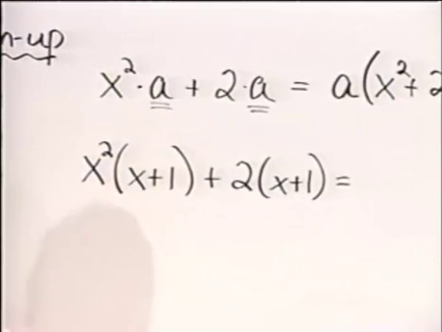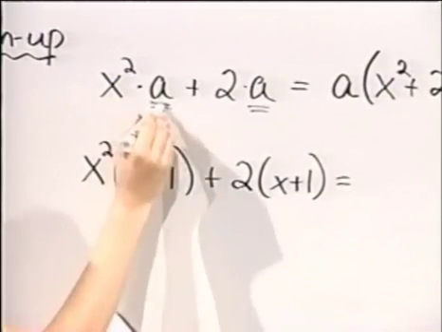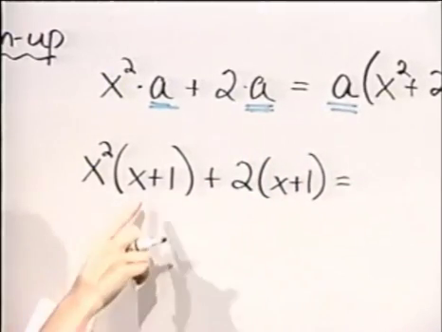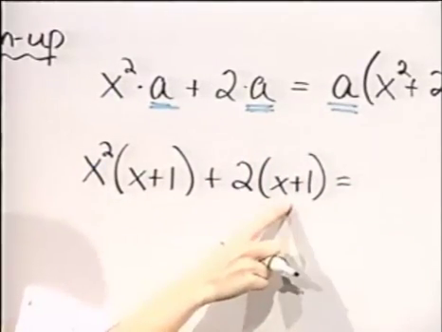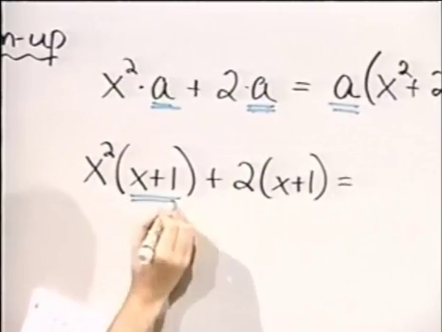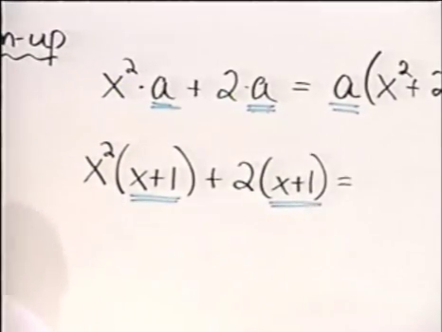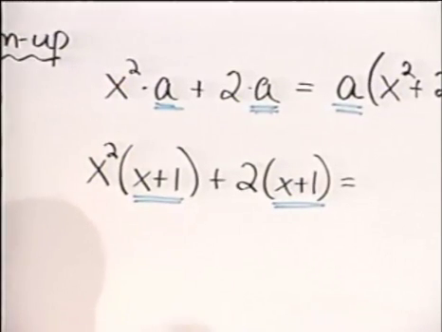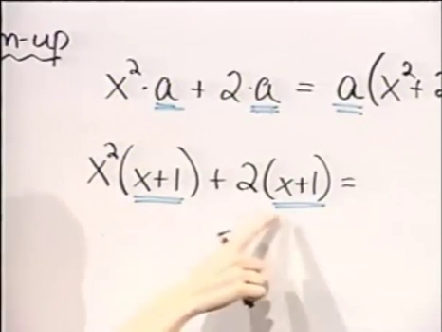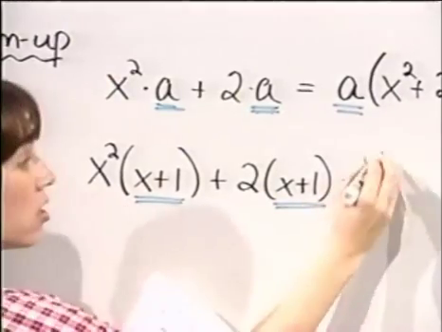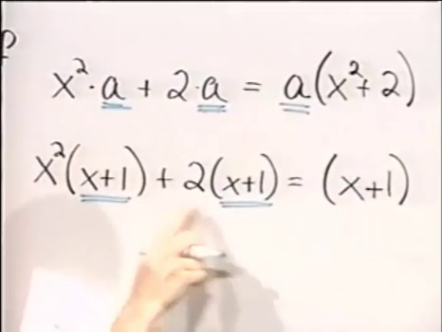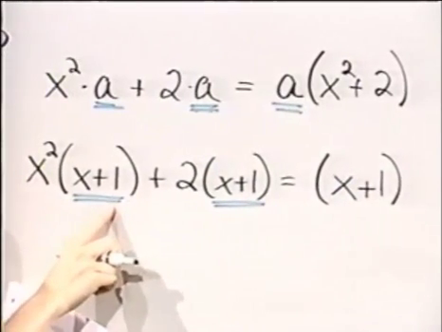Here, I had a letter a, and that's what I was able to take out. Here, I have a common expression: x plus 1 appears in both places. And therefore, when I go to factor this, I'm going to take out x plus 1. That's what we're taking away from these two terms.